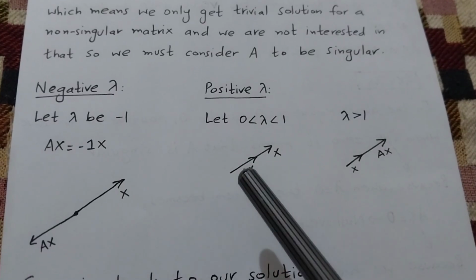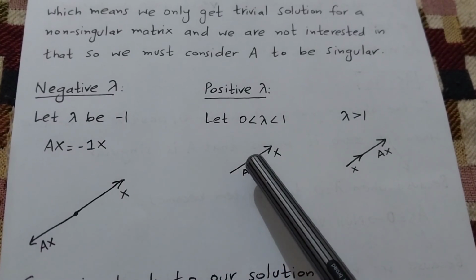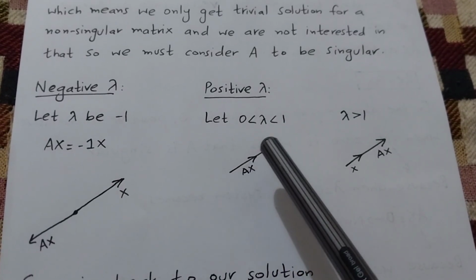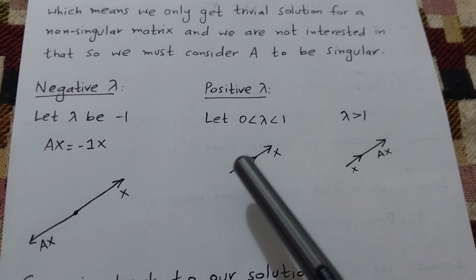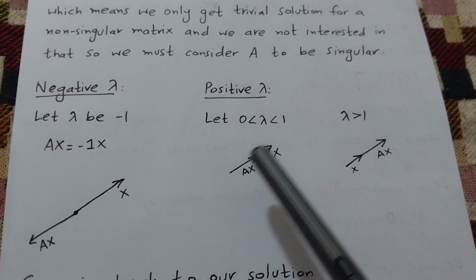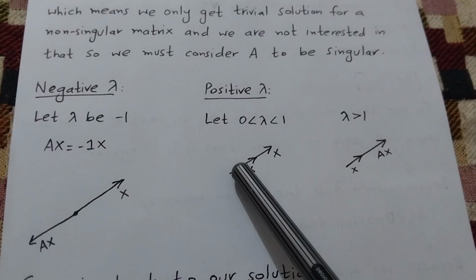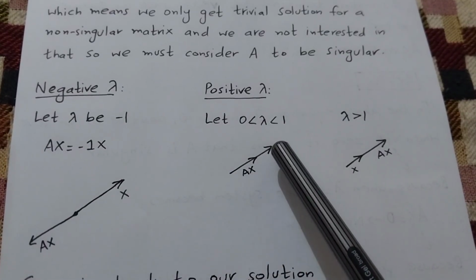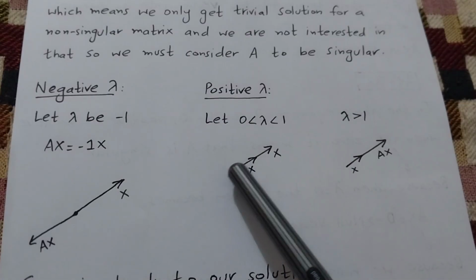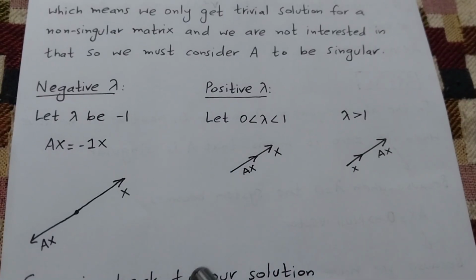That means that ax is shorter in length as compared to x, but it has the same direction. So ax will be shorter than this capital X vector, and so this will be our ax.